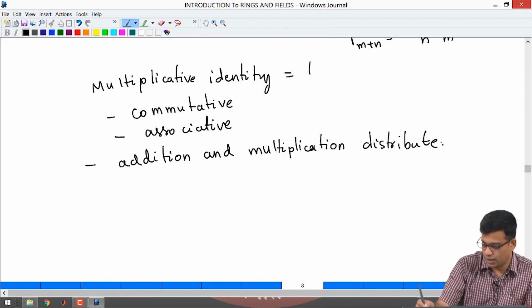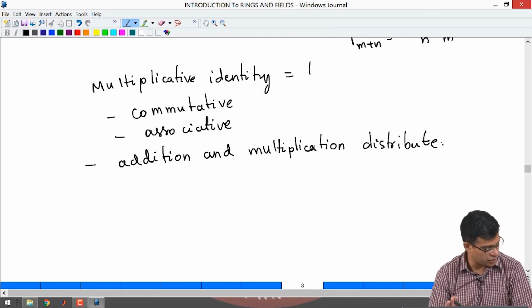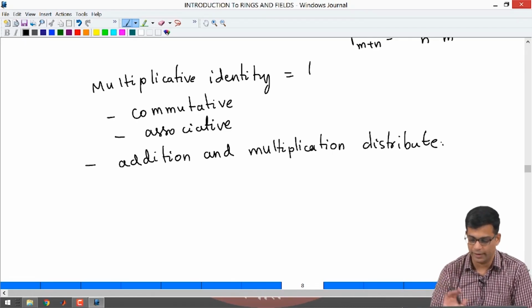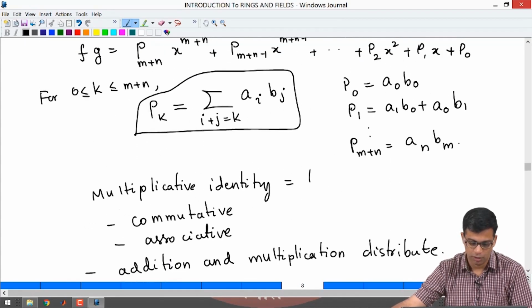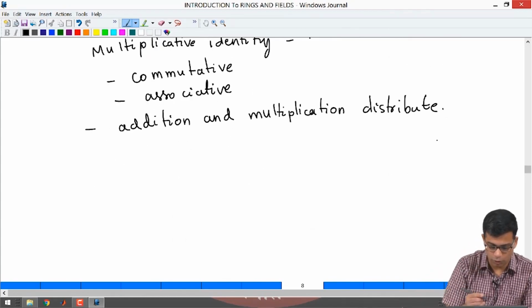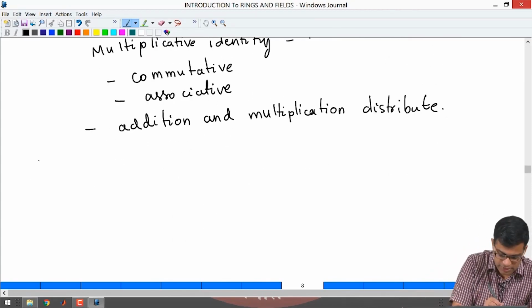This is also again ultimately because addition and multiplication distribute in the ring R. So, they distribute in the set R[x] also. So, the conclusion of all this is, I will write this as a proposition.